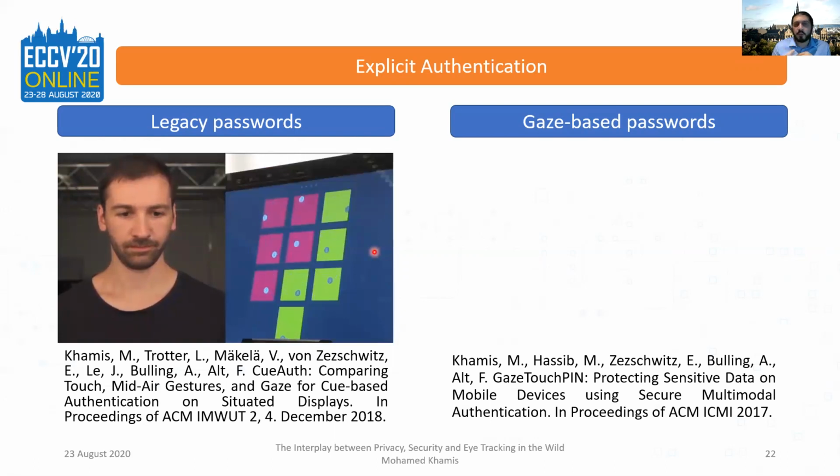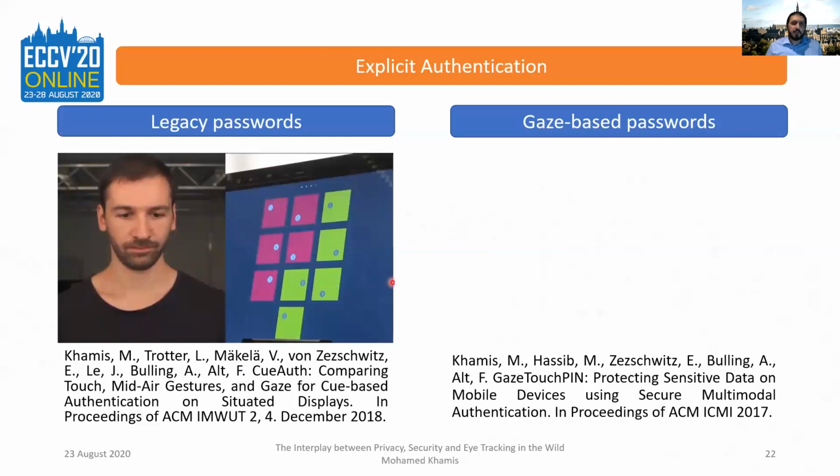Basically, the user performs a smooth pursuit eye movement to follow one of these objects, and we compare this movement to the movement of the objects on the screen, and this tells us which object they're looking at. This way, they're entering pins that in the end consist of digits. So they're only using gaze to select pins, basically.